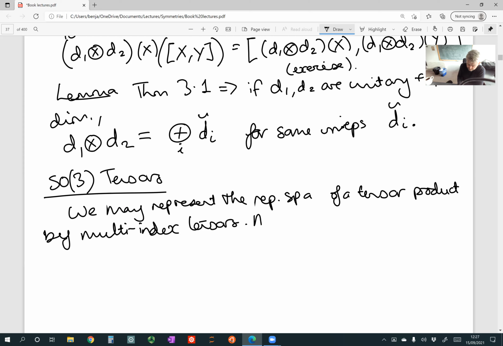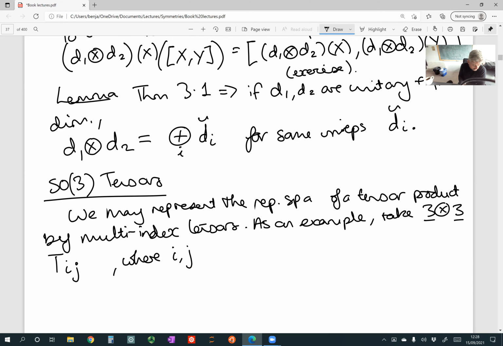As an example, let's take 3 cross 3, so 3 direct product with 3. Here we write a 2-index tensor, T_ij, where i and j, and I'm going to use other letters, are in 1, 2, and 3, seeing as we're in SO(3).